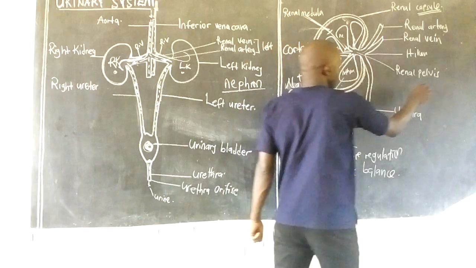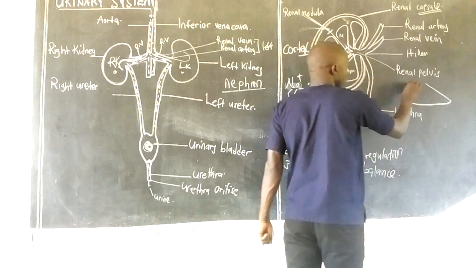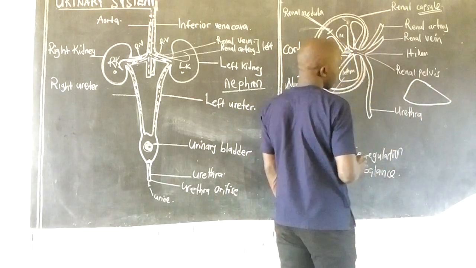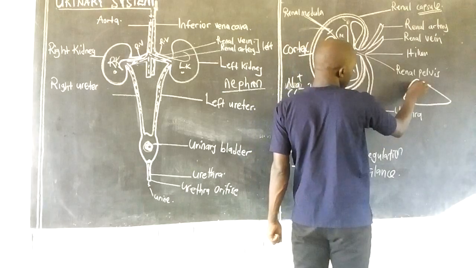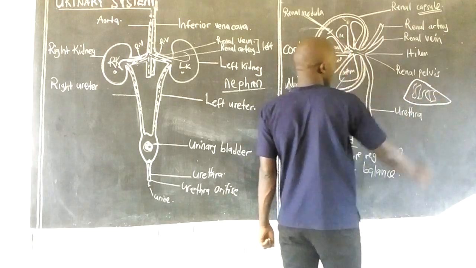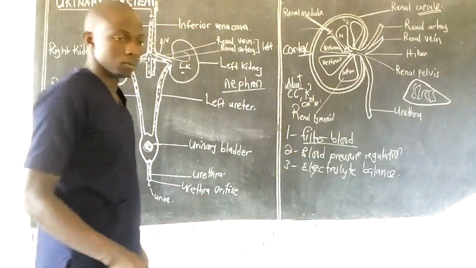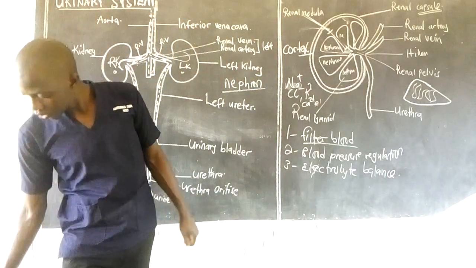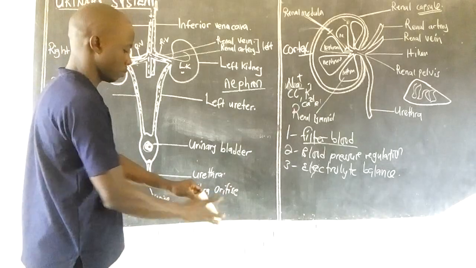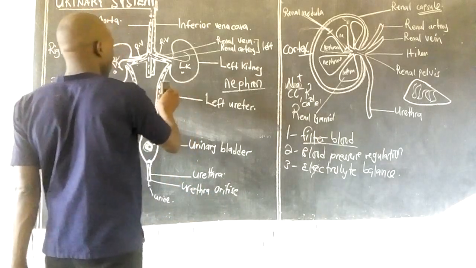So this is how a renal pyramid looks. This renal pyramid, inside it has what we call the nephron. Let's make something small here, like this.